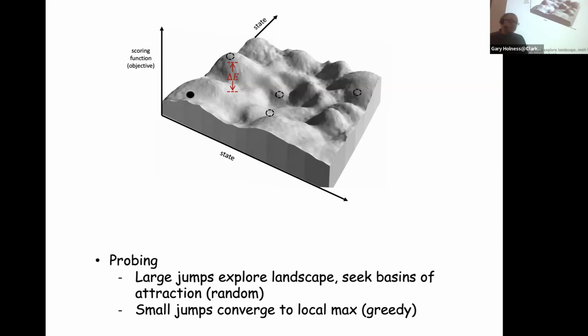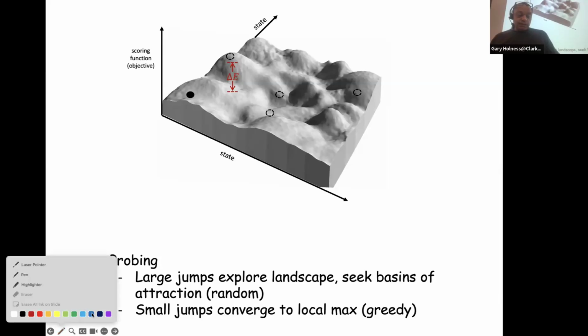Another approach that people have taken is you start out with large jumps and you're effectively probing. And with that set of large jumps, you keep a memory of what the objective measure was in neighborhoods of the landscape. And then next time you're going to select an area to explore, you bias that selection probability based on this coarse measure of neighborhoods around the search space. And so, in effect, and this is probably a bad visualization, but it's the best one I can think of.